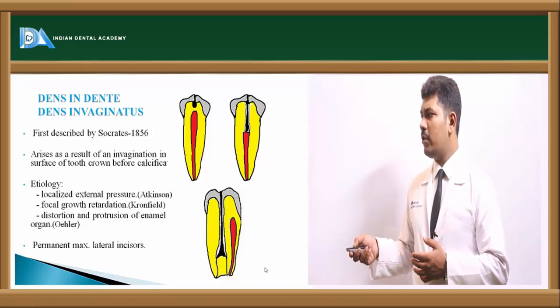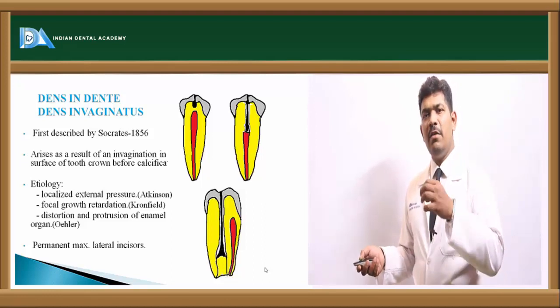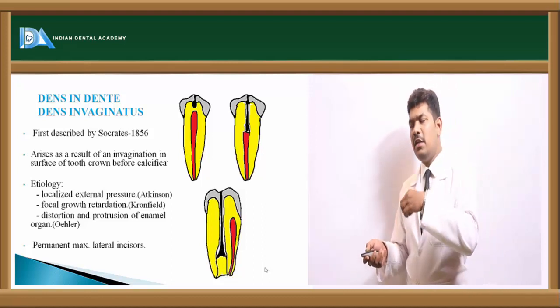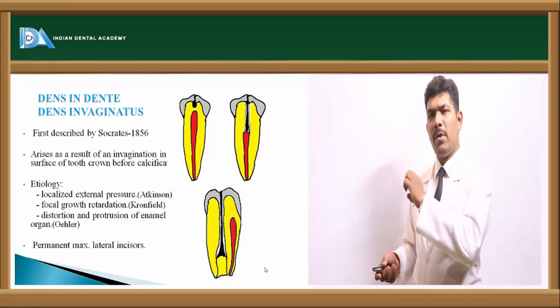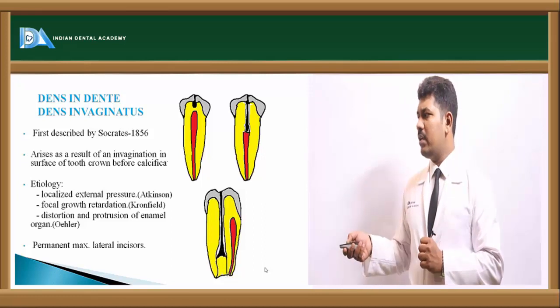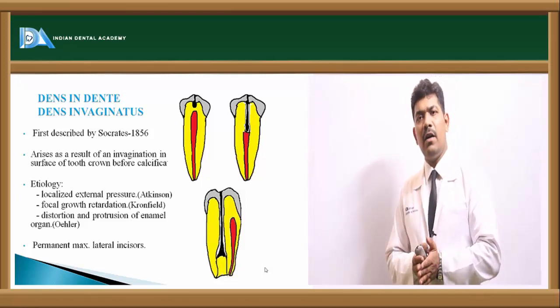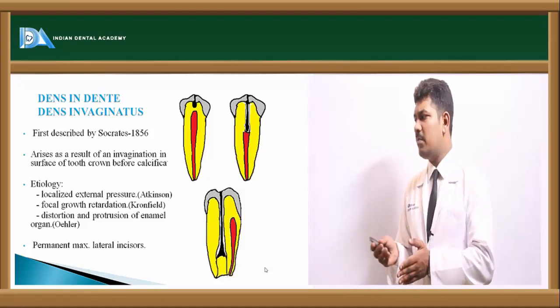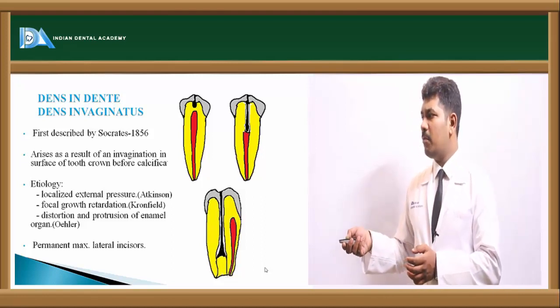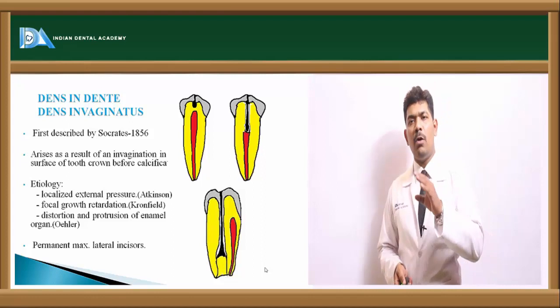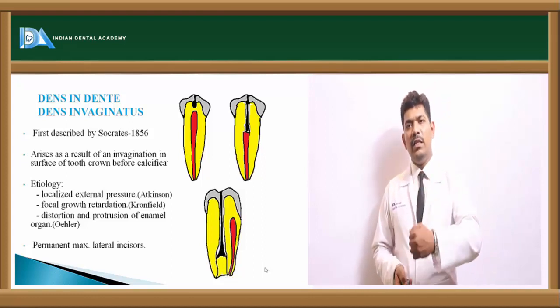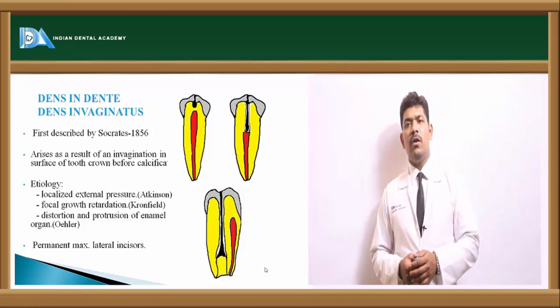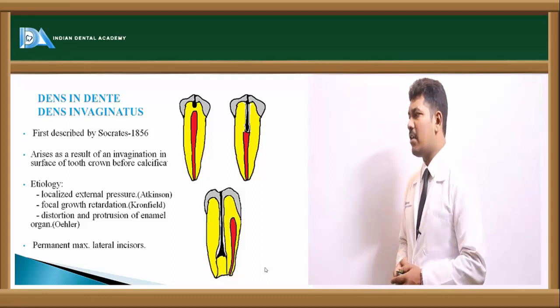You can see the normal enamel and dentin, which has invaginated from the outside surface into the pulp chamber, compromising the pulp space, or it could be concomitantly found along with the pulp chamber if it is deep enough. But in both cases, we have the normal enamel and the dentin within the dentinal structure. So this is called dens invaginatus.